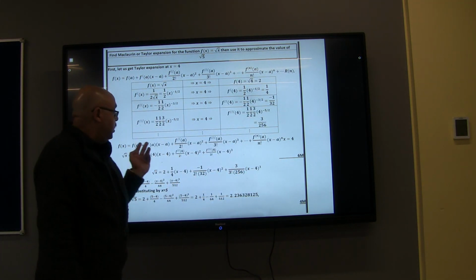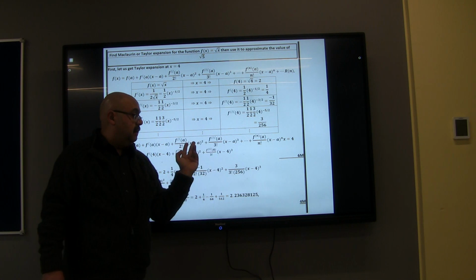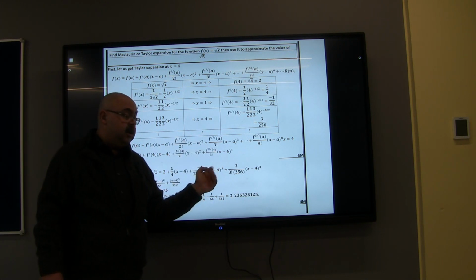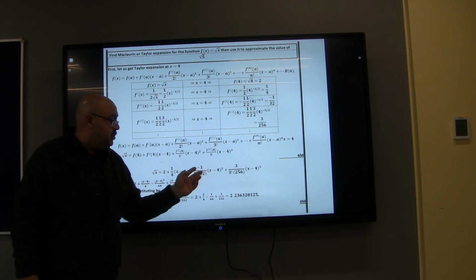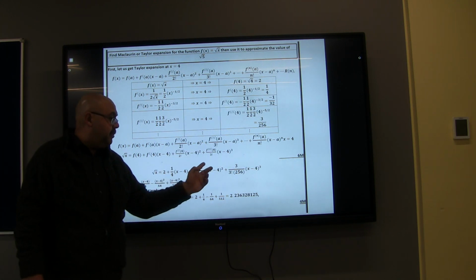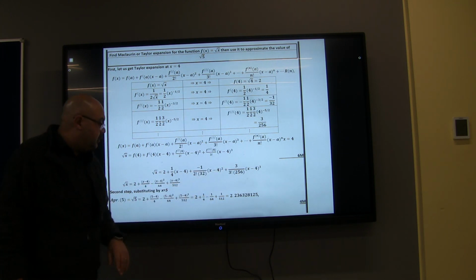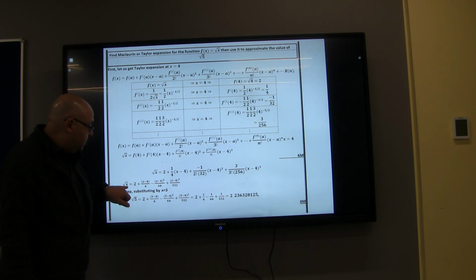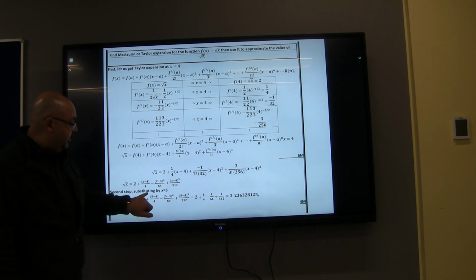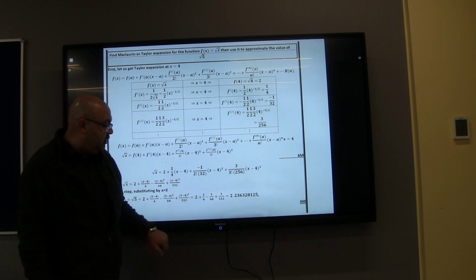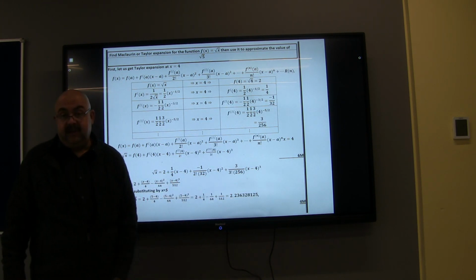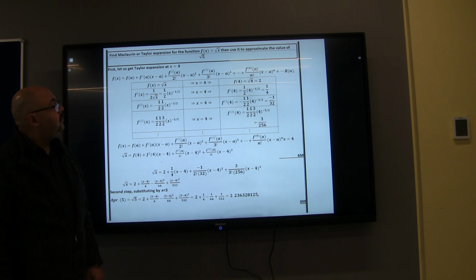I rewrite the expansion and start the substitution. It's a series in x, so I replace every x with the value that I need to find its square root, which is 5. You will have your approximate value as you can see.